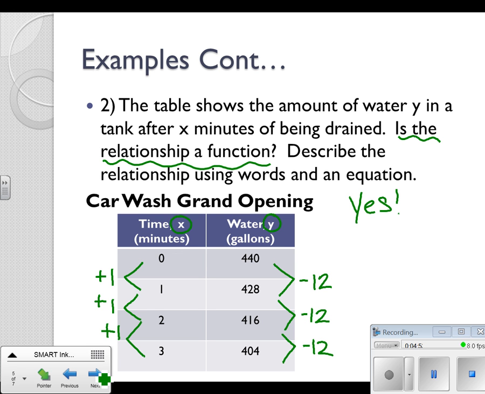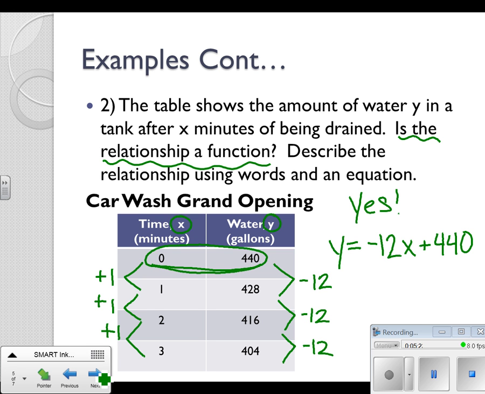So the amount of water is going down 12 per minute, and it started at 440. When x is 0, the amount of water is 440, so that's where it started. It started at 440 gallons, and every minute it's going down 12 gallons.